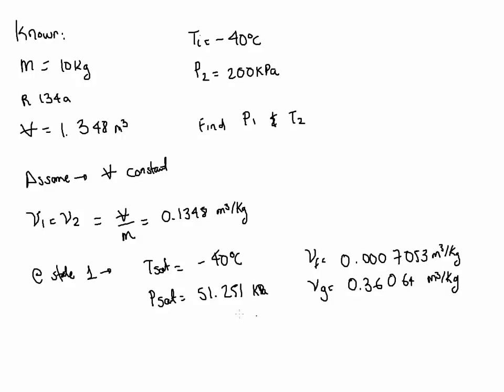And notice that because the value that we have for the specific volume is between these 2 points, we could say that state 1 is a saturated mixture. Okay, so that means that in that particular case, the initial pressure is going to be equal to the saturated pressure.